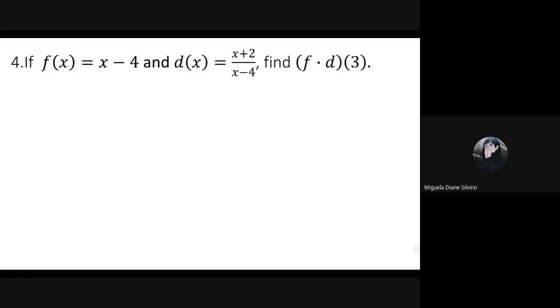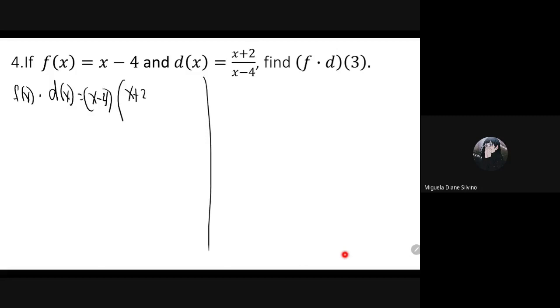So again, dalawang paraan paano yan ma-solve. You multiply f of x times d of x. So we have there x minus 4 and then times x plus 2 over x minus 4. And then notice na pwede mong i-cancel dalawa. So this will be x plus 2.